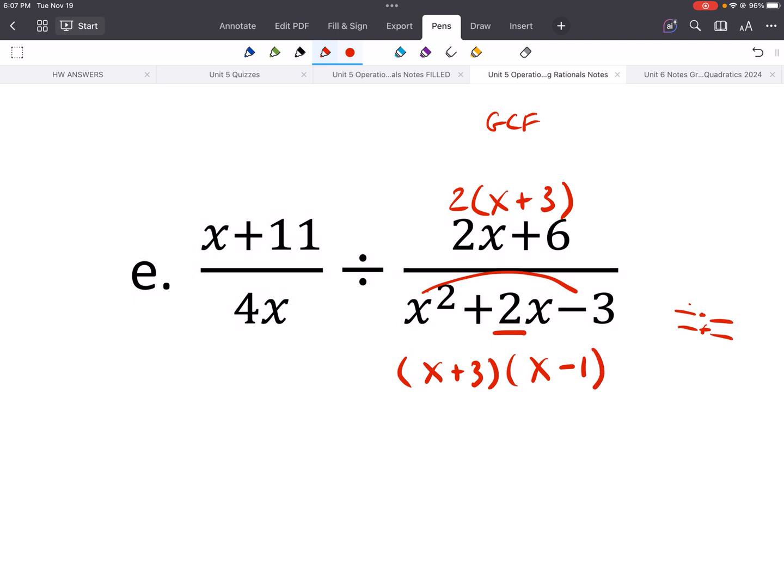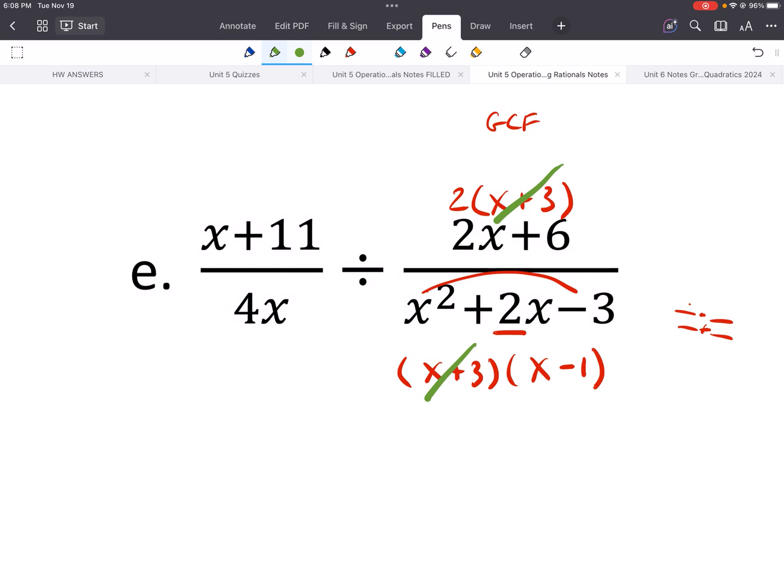Okay, so then you want to see maybe keep, change, flip. But if you find something that we could cancel in its individual fraction, like that, or this, I guess again it's not a fraction, it's a rational expression, we could sometimes see if there's something we can cancel on its own terms.